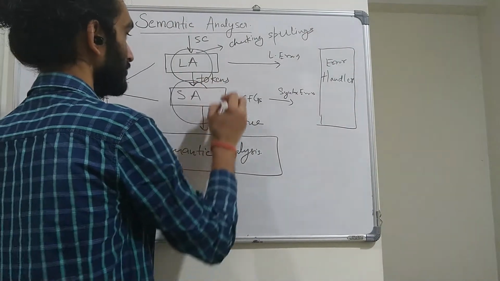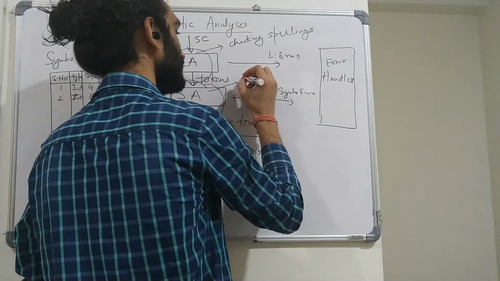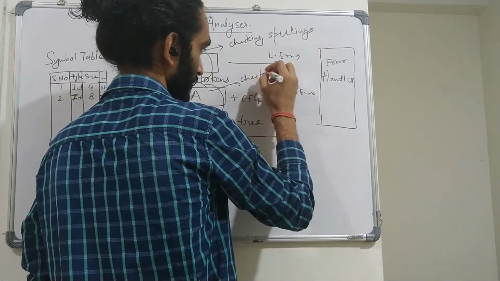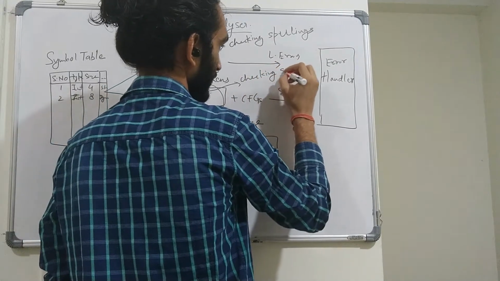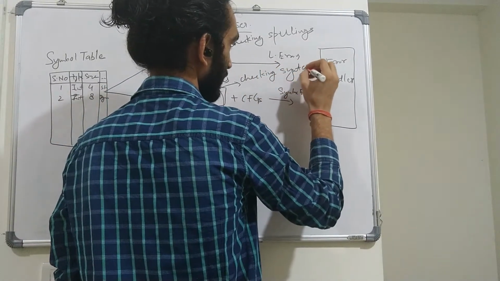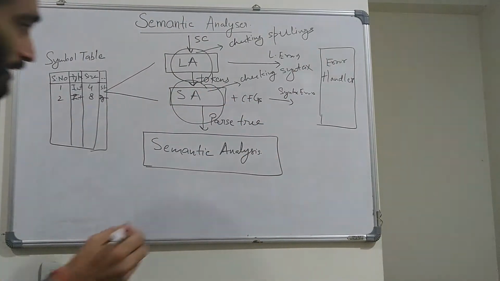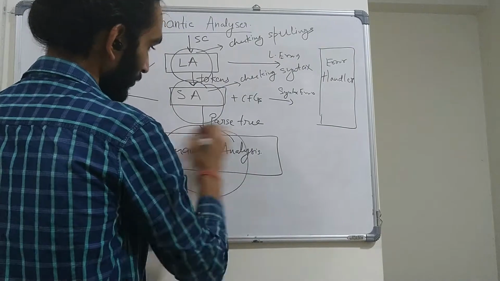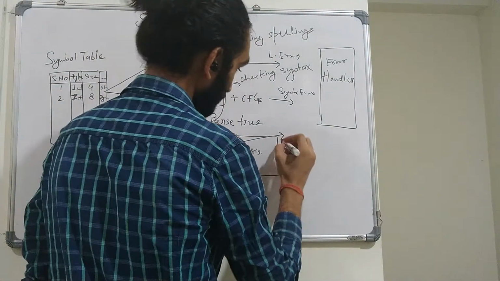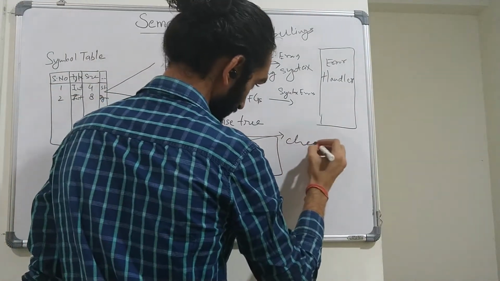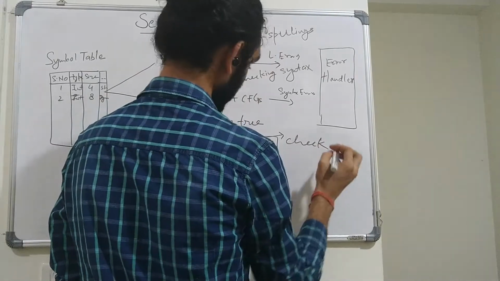The syntax analyzer checks what? It checks the syntax of the sentence. If you talk about a normal natural language, what is the semantic analyzer going to do? The semantic analyzer is going to check the semantics of the sentence.